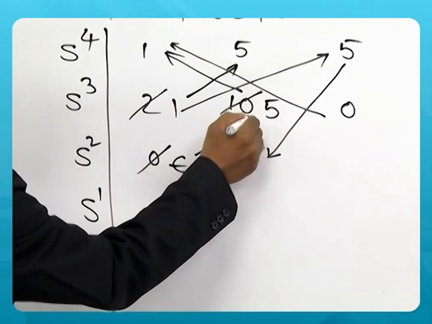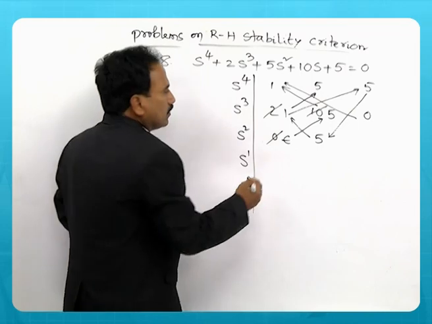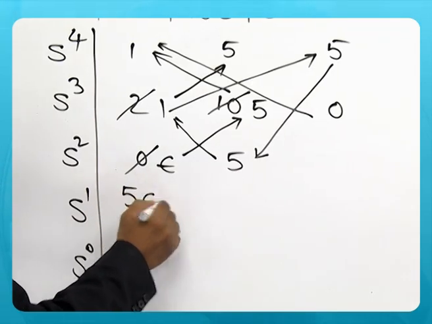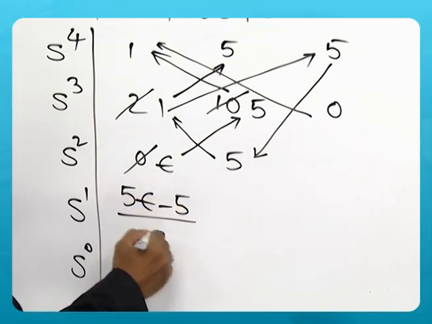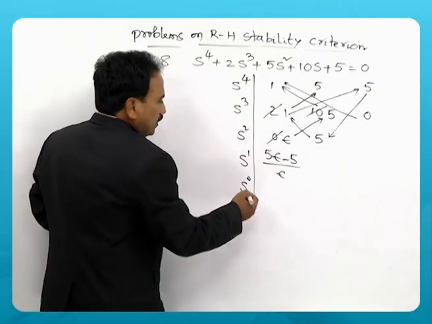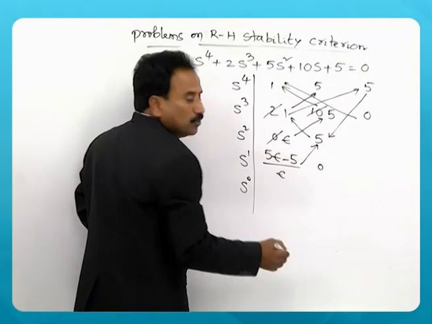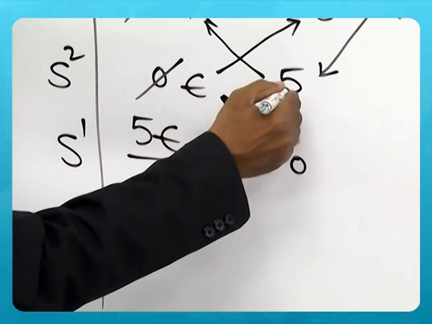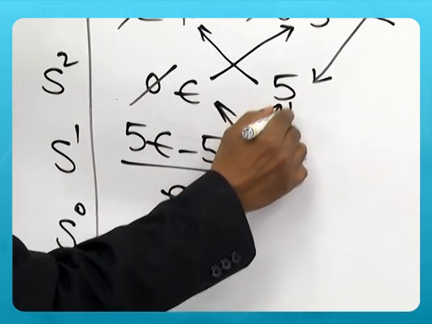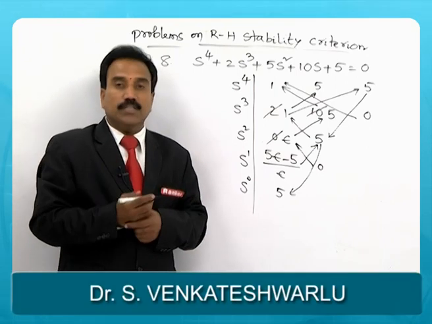So 5 epsilon minus 5 by epsilon, and again for the s power 0th row, the product of this divided by this, so as it is, this 5 comes here. This is the way you should complete the table.